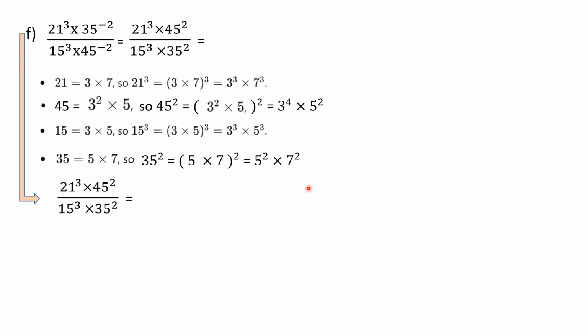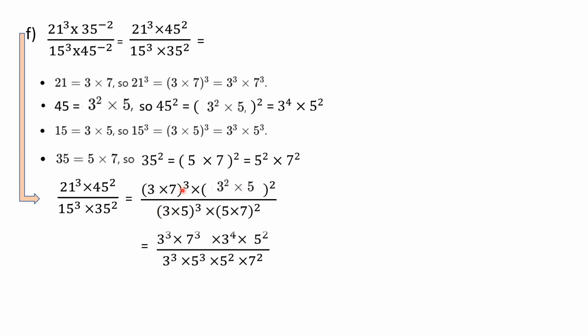So finally, this is our fraction. We put here the prime decomposition for each number. Then we distribute the exponents, 3 to the power 3, 7 to the power 3, as you can see here.